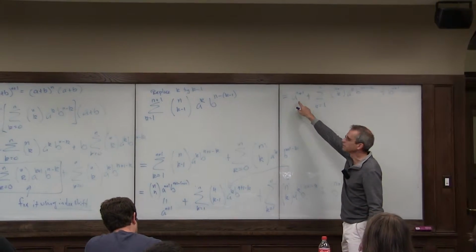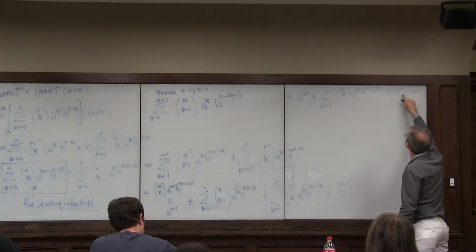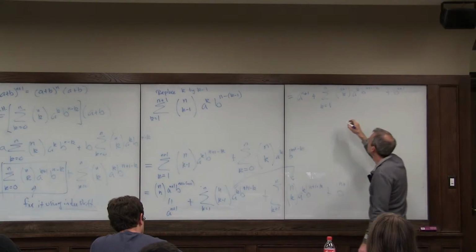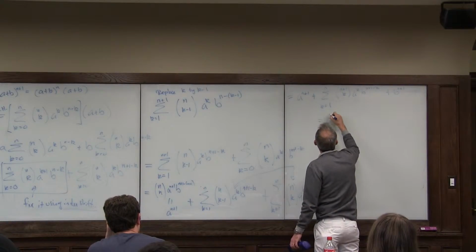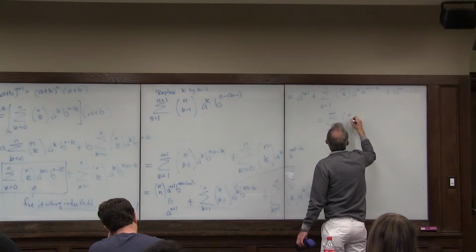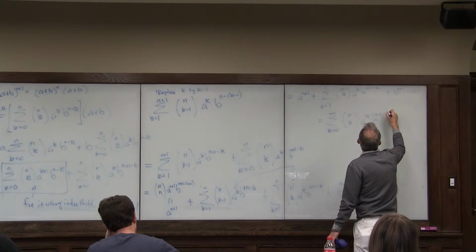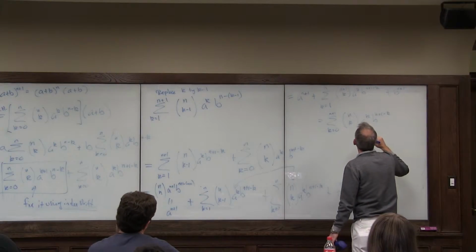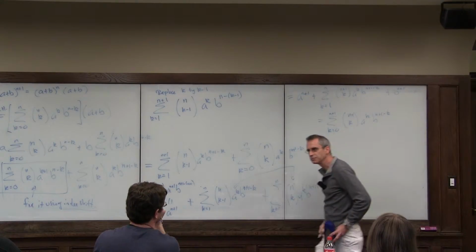But you recognize, again, this is the first term of the binomial. This is the 0th term, and this is the n plus first term. So this then is just the sum from k equals 0 to n plus 1 of n plus 1 choose k, a to the k, b to the n plus 1 minus k. Yep. And that's it.